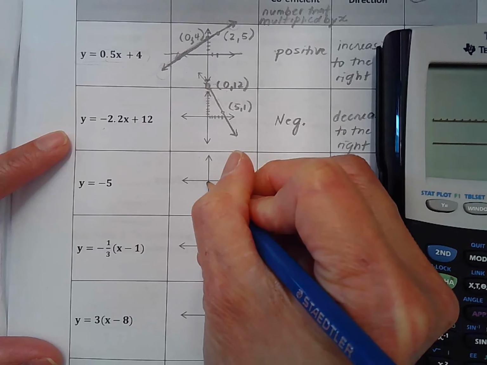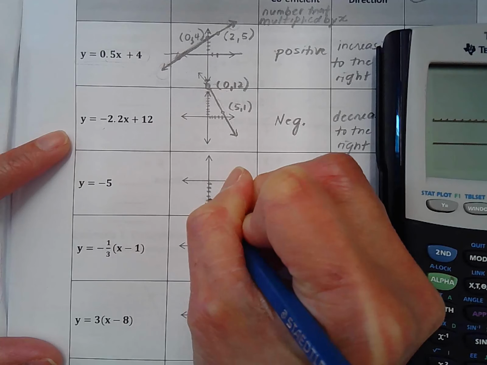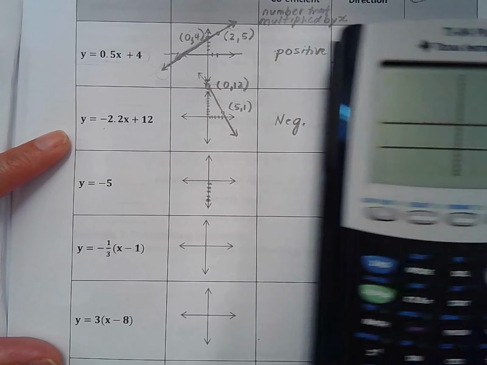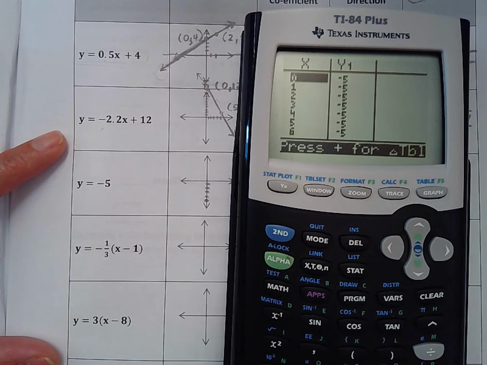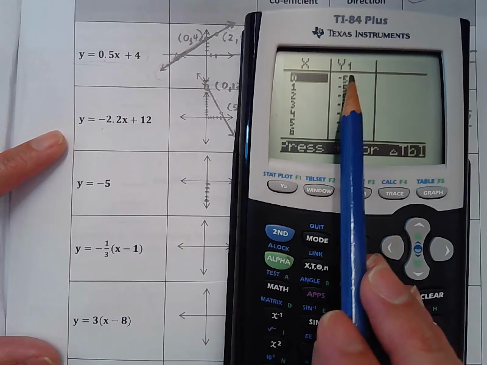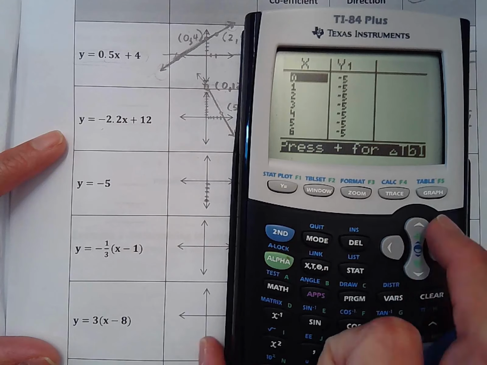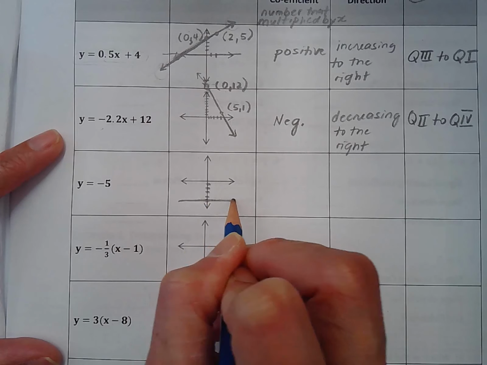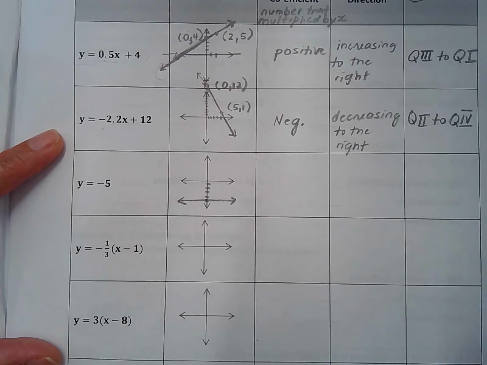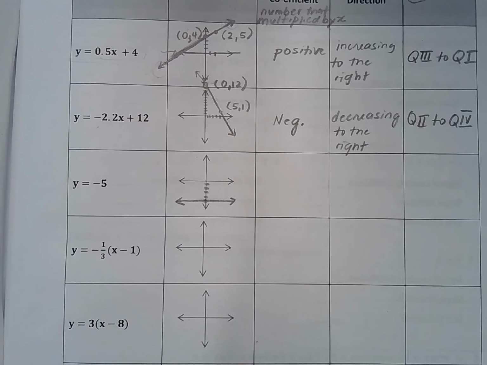So we go -5. And if you go like this, second function table again, 0, -5, 1, -5, 2, -5. So what does that mean?